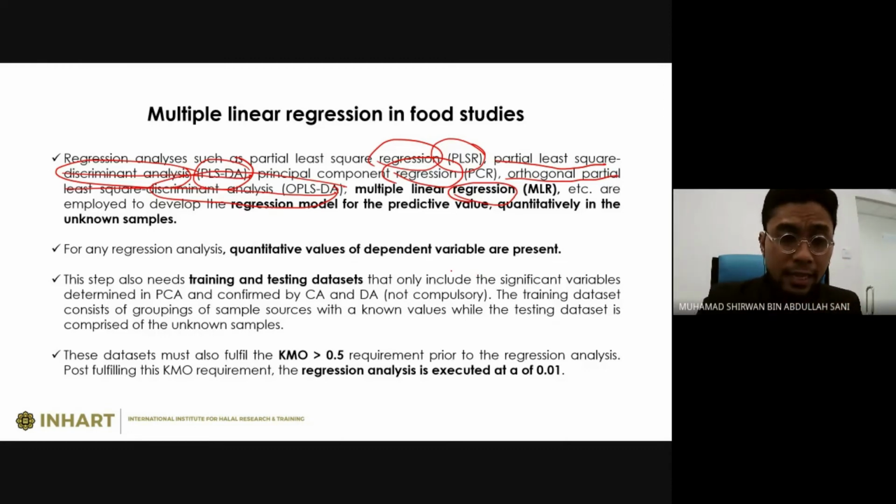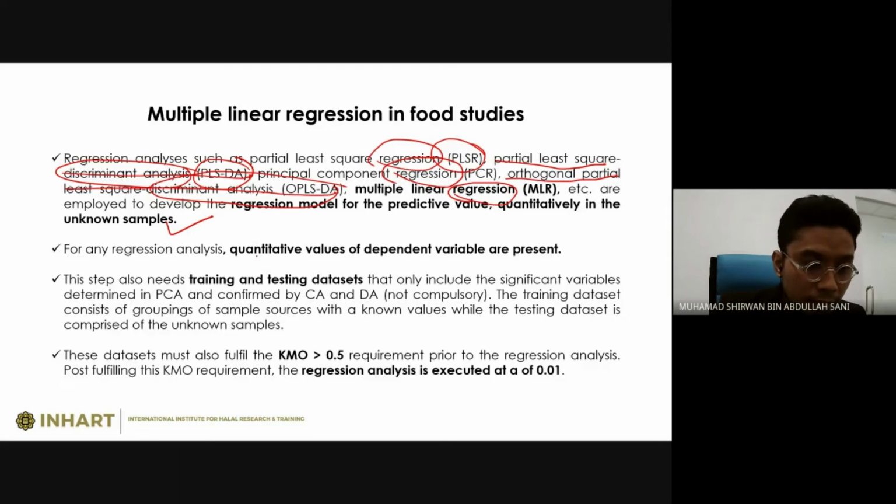From there we can decide which regression analysis is the best for our sample matrix. These regression analyses are employed to develop a regression model for predicting values quantitatively in unknown samples. Meaning, we can identify how much contamination or how much of one particular thing is in the unknown samples.